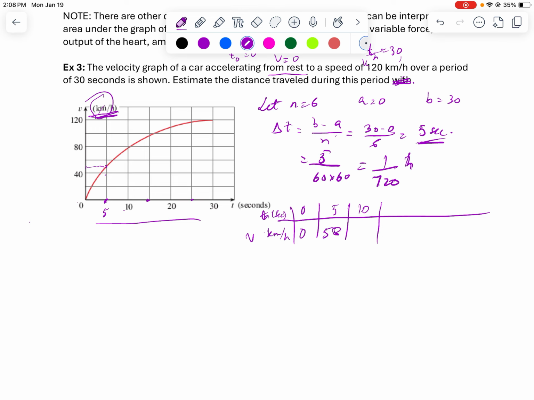So your estimate should be very close to what anyone can see. So I'll take it to be 80. Then at 15, this is clearly below the horizontal line of 100. So I'll say it is 80. This was supposed to be 100, close to 100.